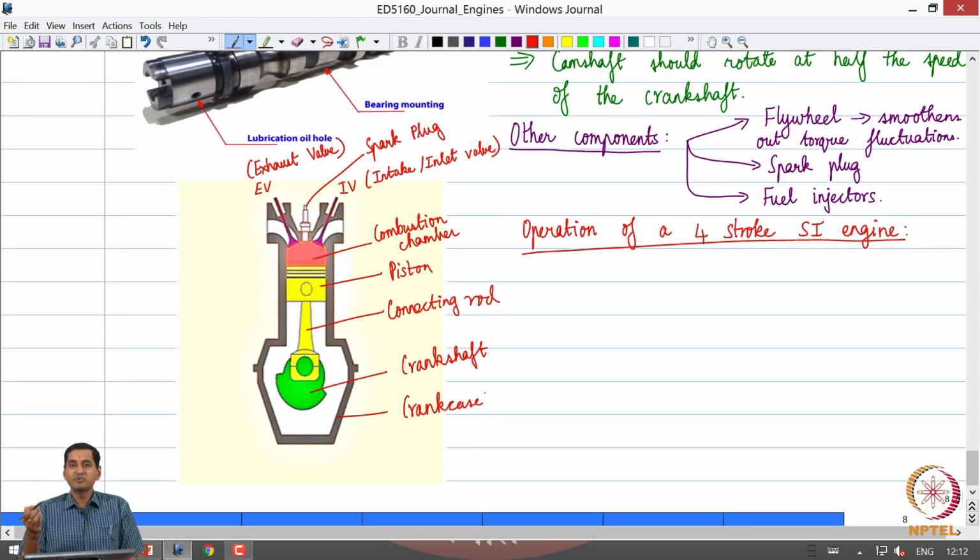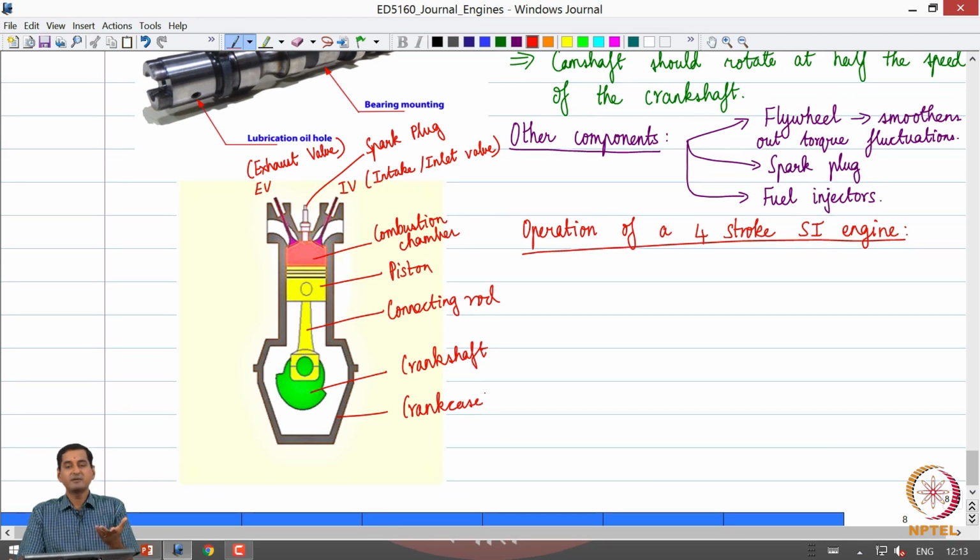So, what happens in a 4-stroke spark ignition engine is that typically either air or fuel air mixture is taken into the combustion chamber, and then the fuel air mixture is compressed to high pressures and temperatures. At the end of the compression process, a high voltage spark is provided to initiate the combustion of the fuel air mixture.